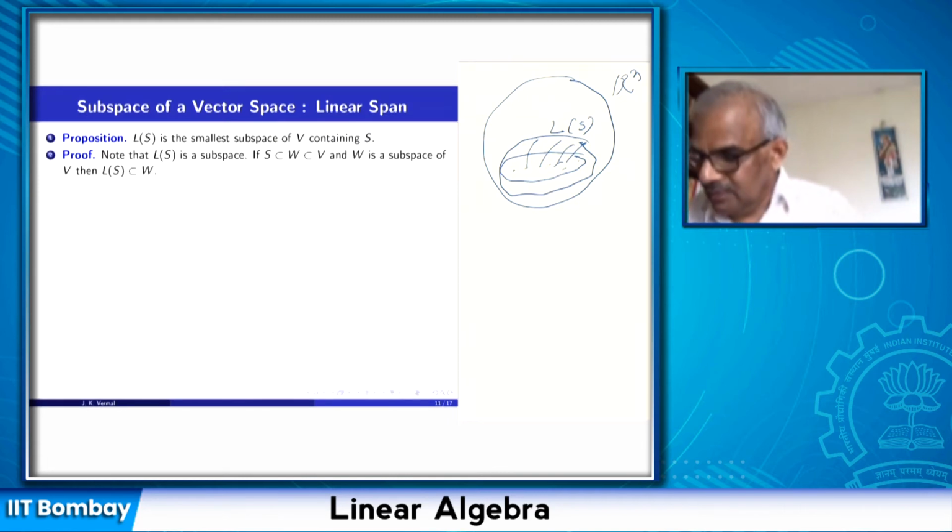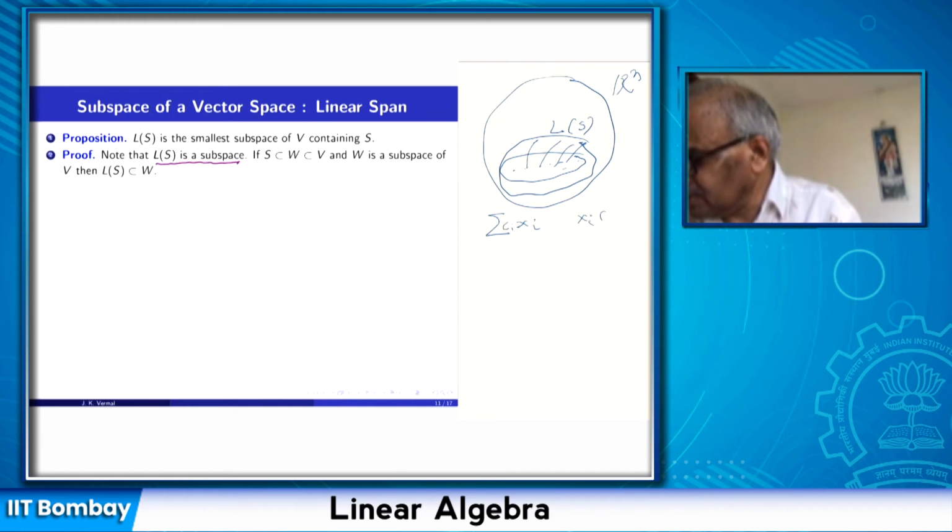First of all, we need to see that L(S) is a subspace. L(S) consists of linear combinations, the sum of c_i x_i, where the x_i's are vectors and the c_i's are scalars. So I take two such linear combinations, the sum of c_i x_i and the sum of d_i x_i. Then I can add them, and I get another linear combination, (c_i plus d_i) times x_i.